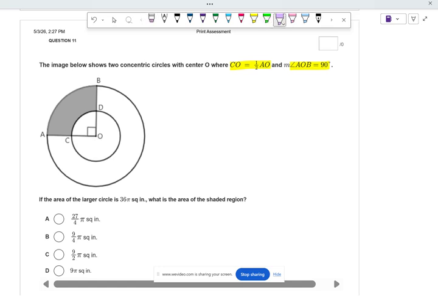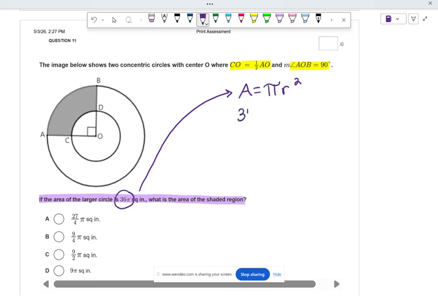Here's where we're going to start. The area of the larger circle is 36 pi square inches. Let's start right there. To find the area of a circle, you do pi r squared. We're going to take out the A and replace it with 36 pi.